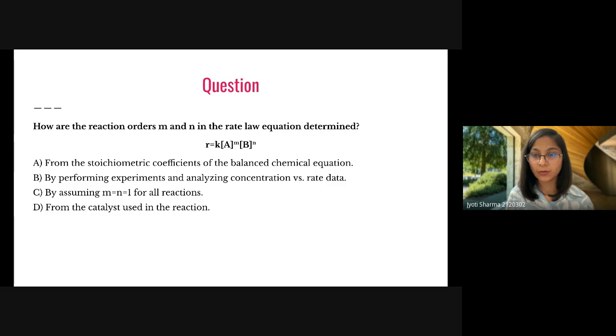You are always welcome to write and even speak. Can we calculate it from the coefficients, or do we have to do some experiment to calculate the m and n values? Can anybody write the answer for this?